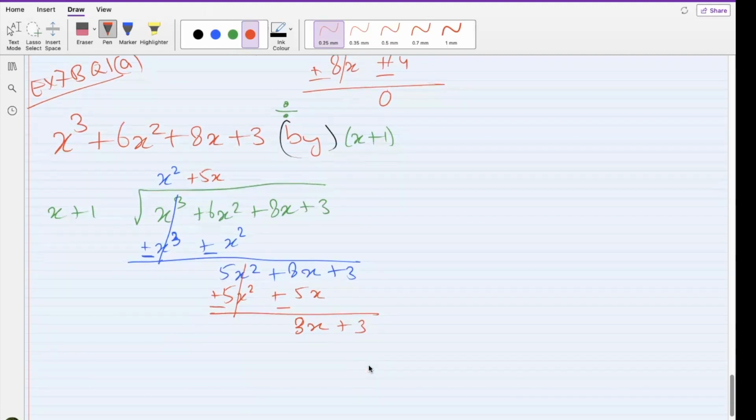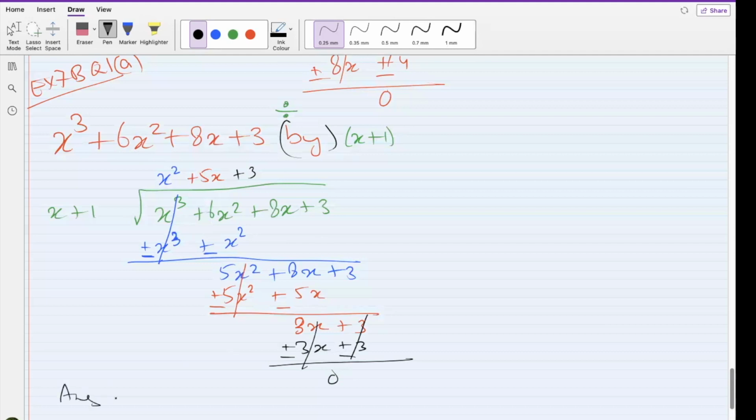Then to get 3x, multiply it with 3. 3x plus 3. Then you change the signs and subtract. So when you divide these two, your answer is x square plus 5x plus 3.